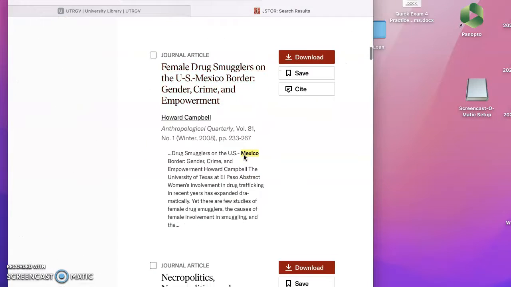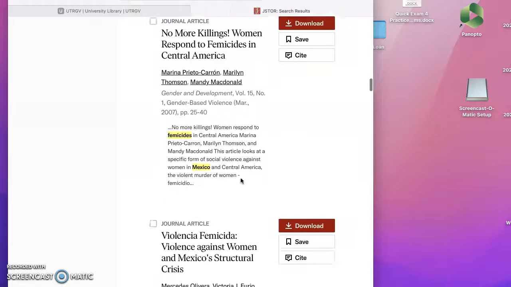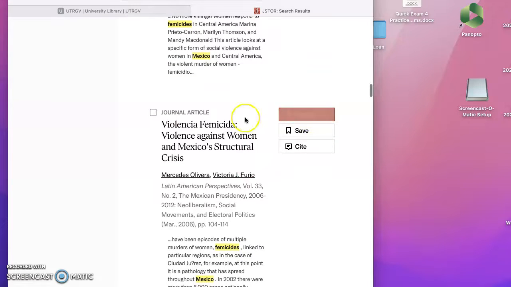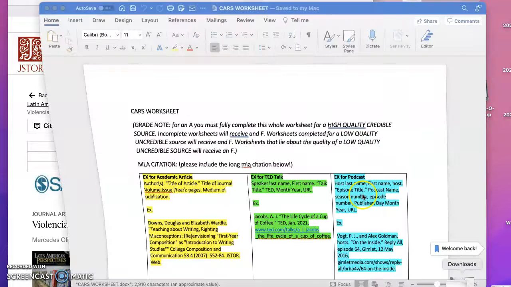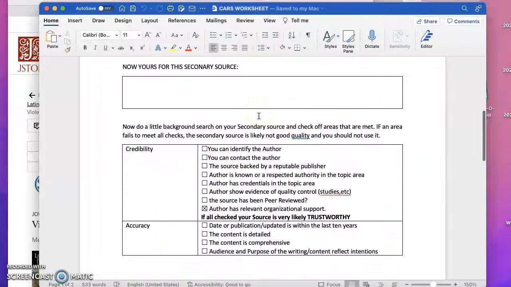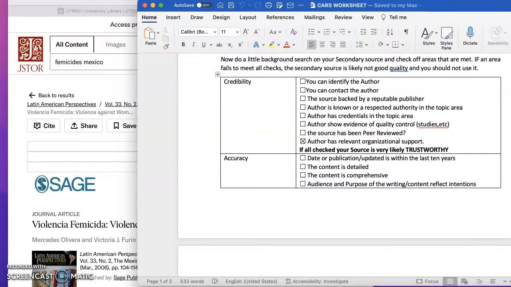When you're looking for credible sources, I learned how to do this, and one thing that was really helpful was the CARS worksheet. I did use it for the sources I was finding.